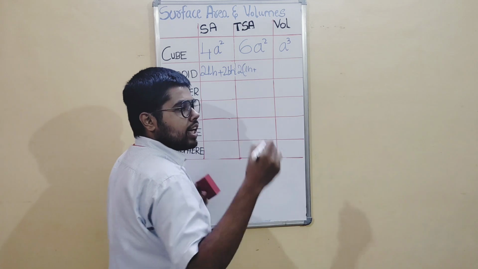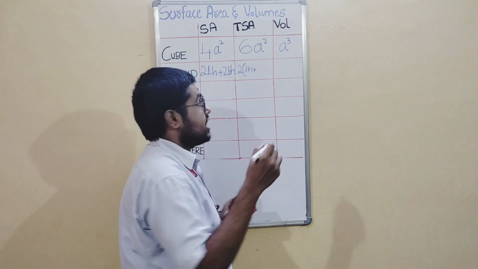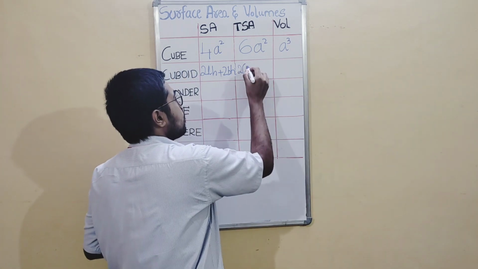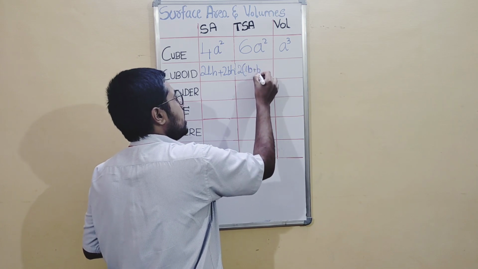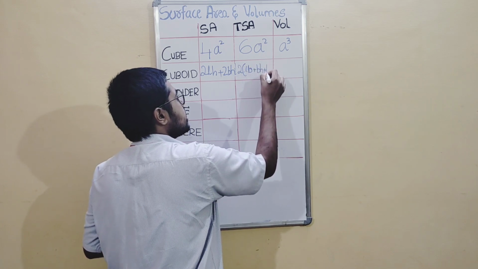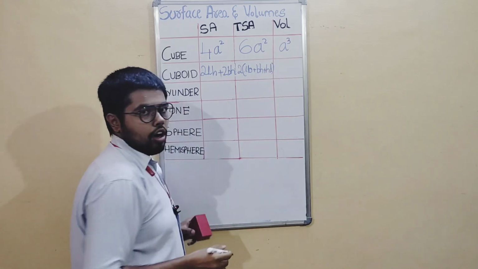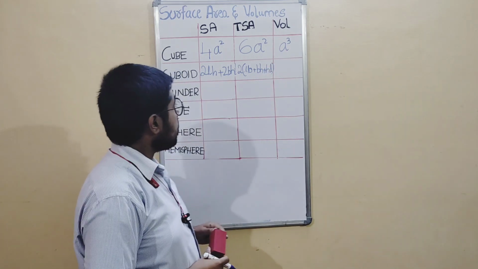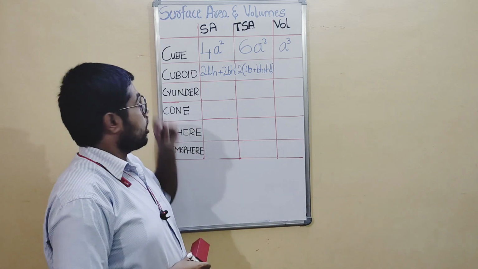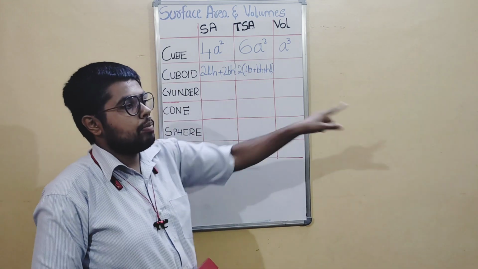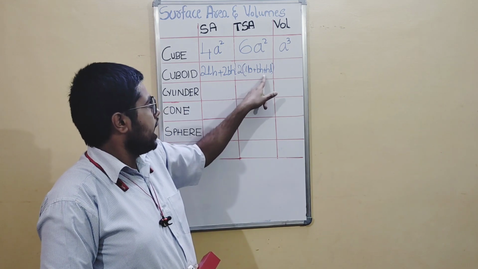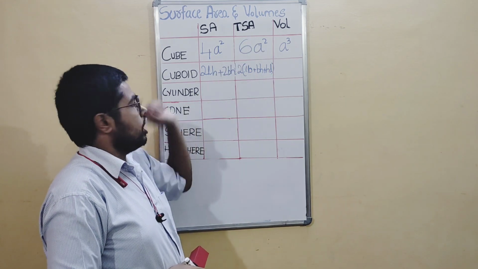You can remember it like a simultaneous equation: length, breadth and height, first L and B, B and H, and H and L. This is the total surface area of the cuboid.